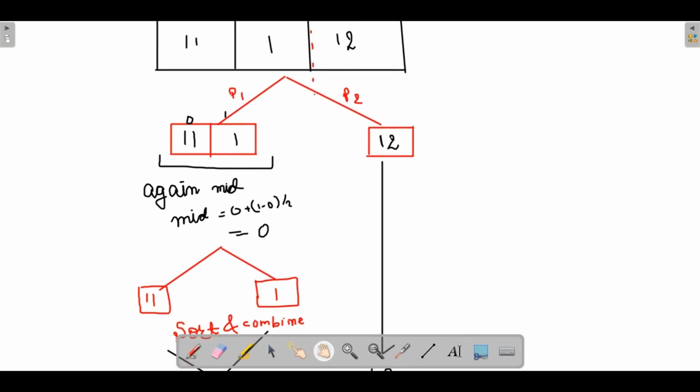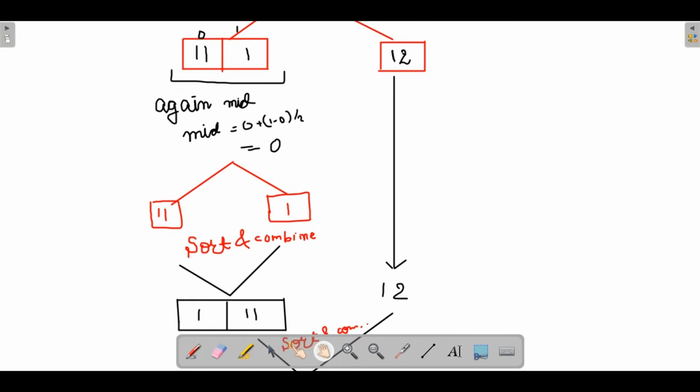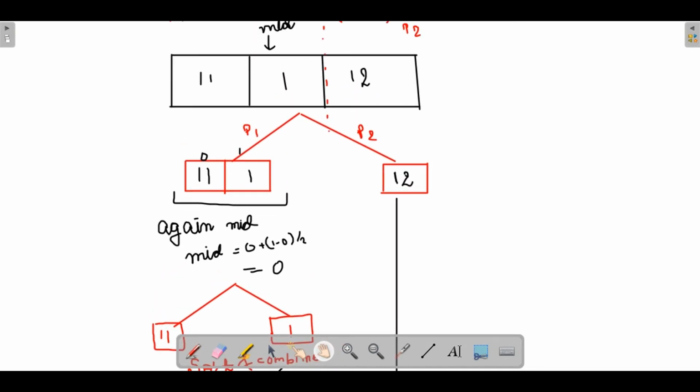After that we applied our procedure number 2, that is to sort and combine. We did sorting in ascending order. We checked that 1 is smaller than 11, so we sort that and we combine that. After that it goes to our part number 2.